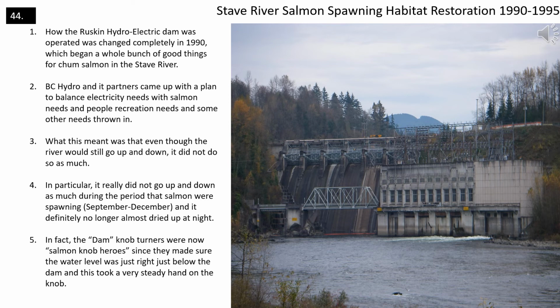So out of that discussion came an agreement around 1990. And what it was effectively, during the period the fish were physically spawning, they started in September and they went to roughly December, BC Hydro agreed to keep the base flow of the river at a steady flow.